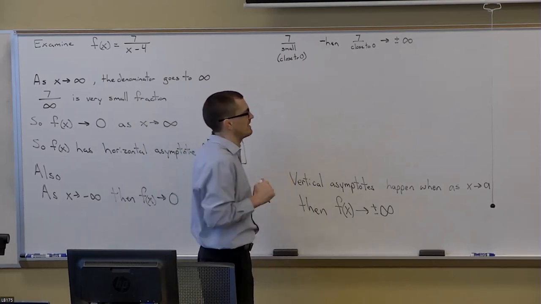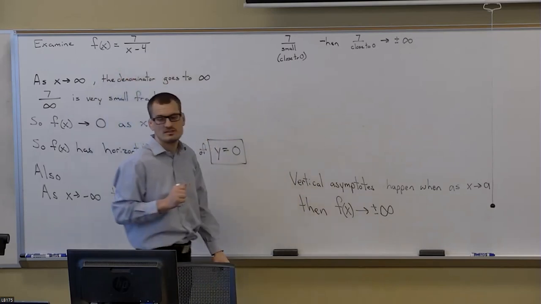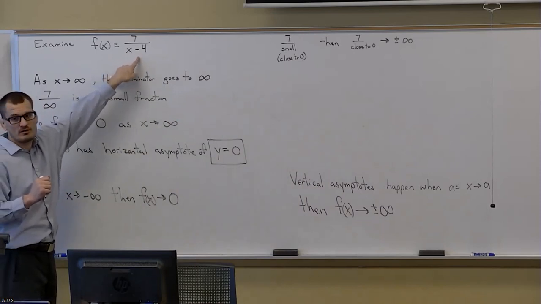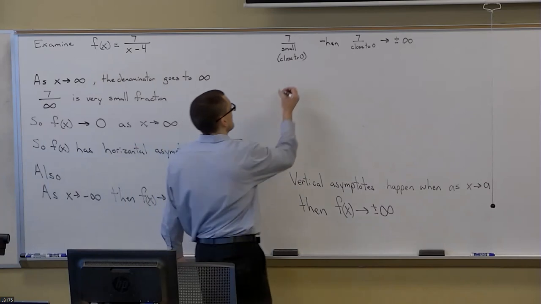Now in this case, when is the denominator 0? Well, the denominator is 0 when x is at 4.